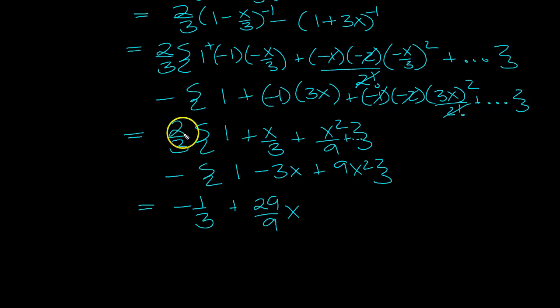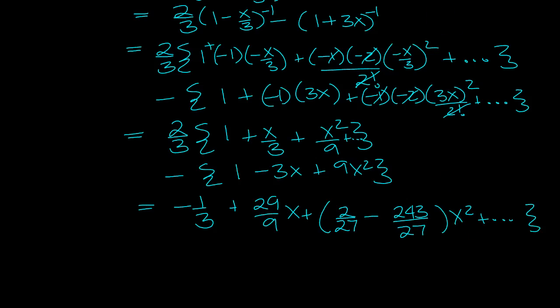The next one will be 2/27 minus 9, because the minus comes through: 9 times 27 is 243, over 27x squared.